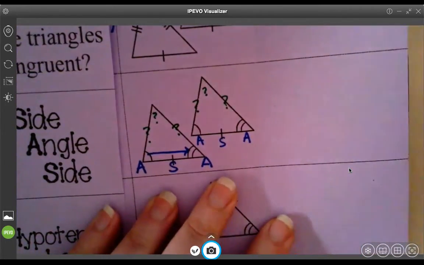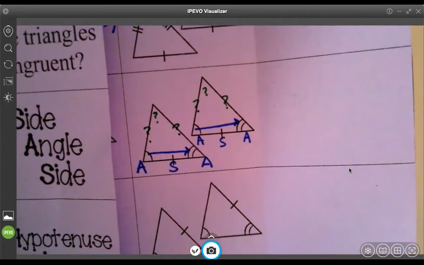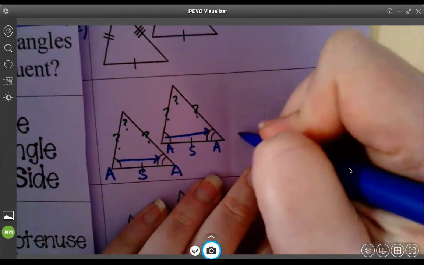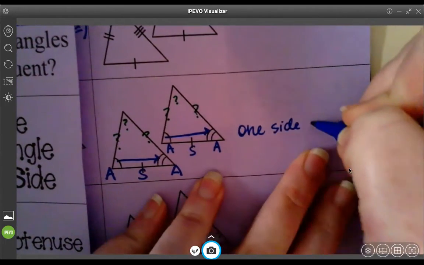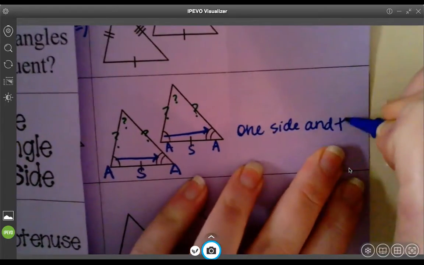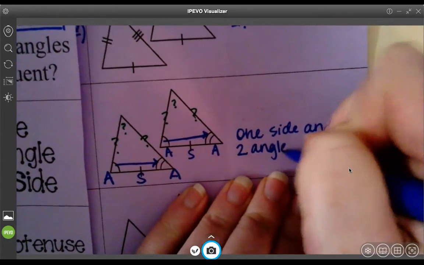So your shortest path, once again, just goes straight across that side. Angle, side, angle is going to be one side and the two angles on each end.